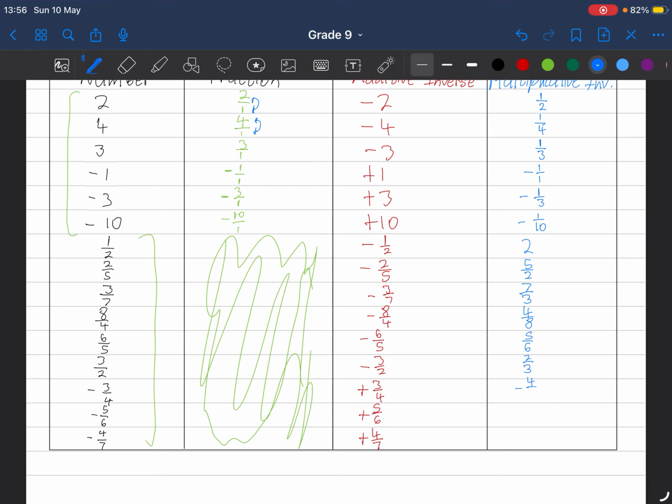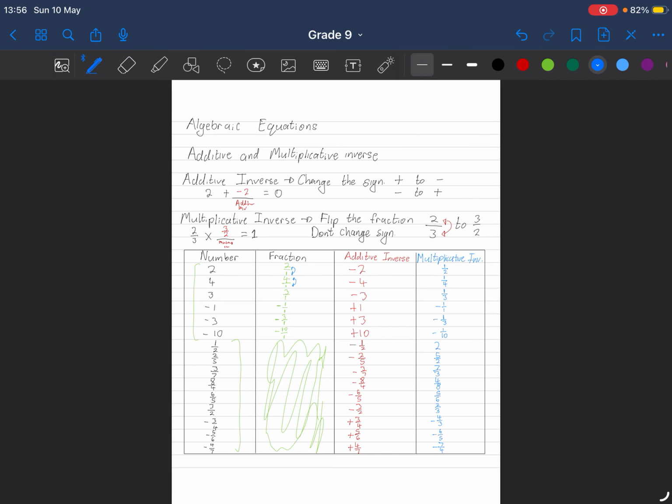Negative 4 over 3. Negative 6 over 5, and negative 7 over 4. So we've noticed that the sign doesn't change when doing multiplicative inverse, only the fraction flips, and with additive inverse only the sign changes.